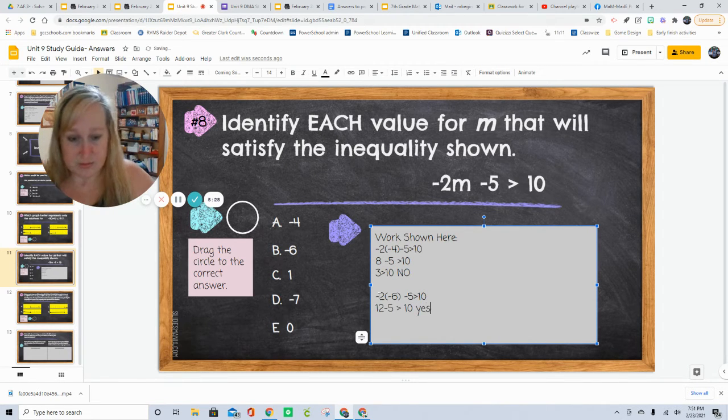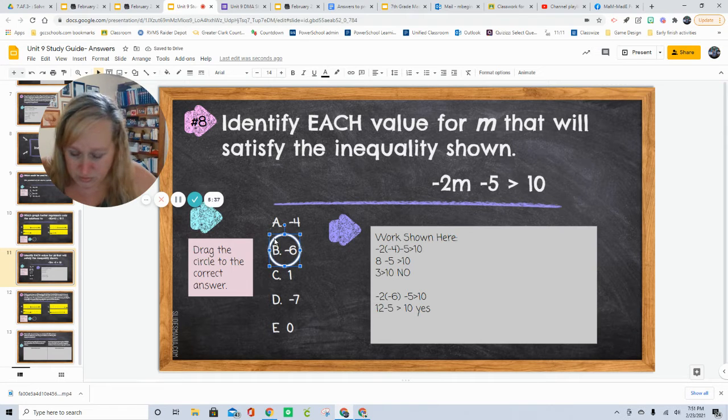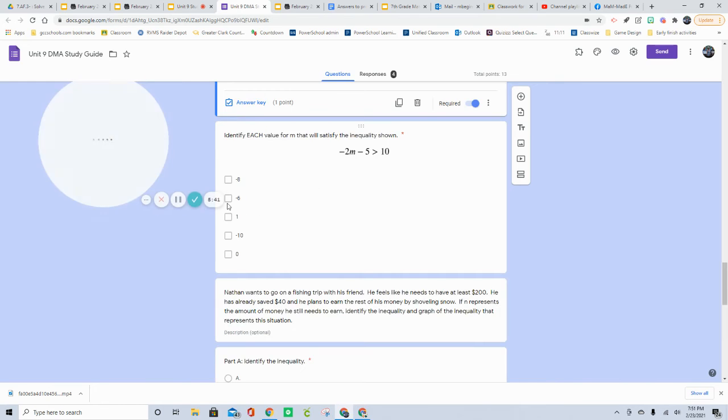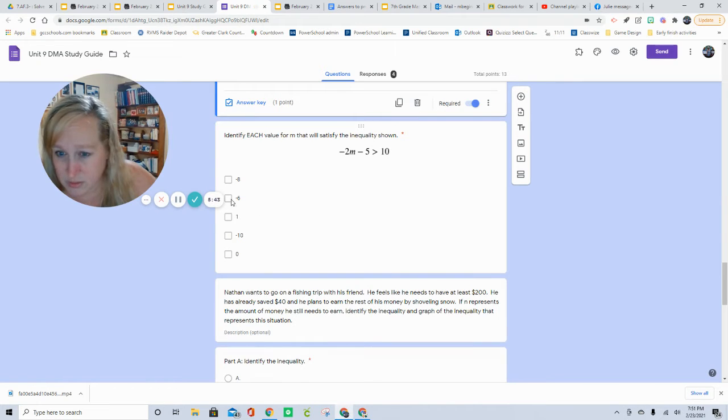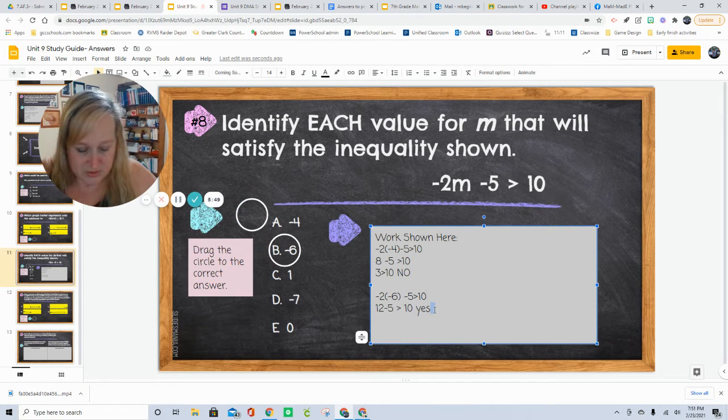Let's check. So that's a yes. So I will drag a circle to here, but there may be more than one. On your answer over here, you're going to click this one because there could be more than one. We're checking.